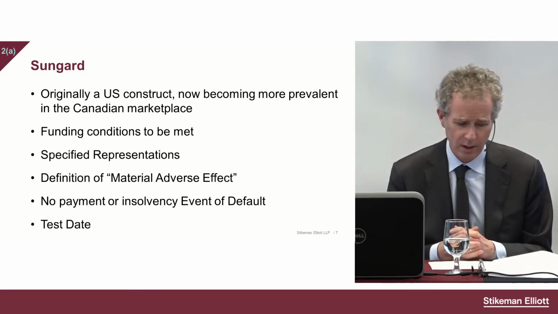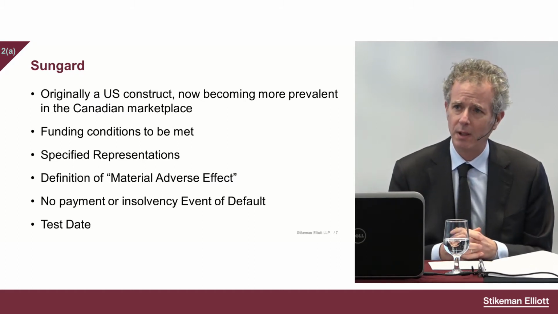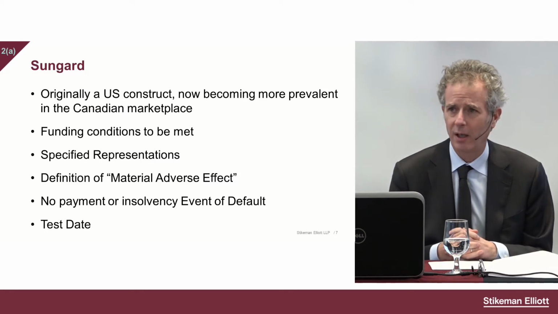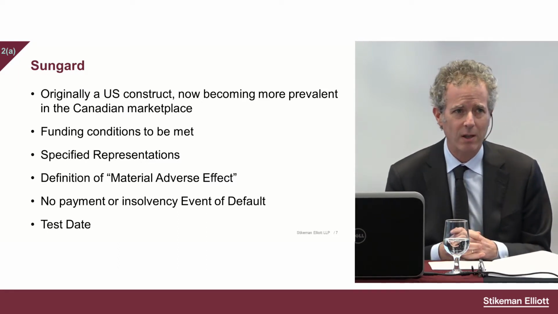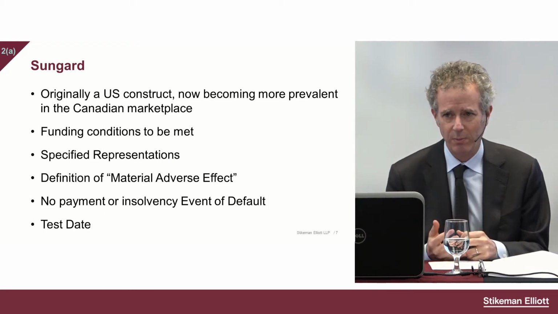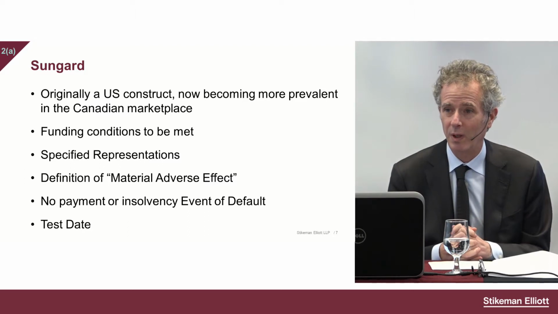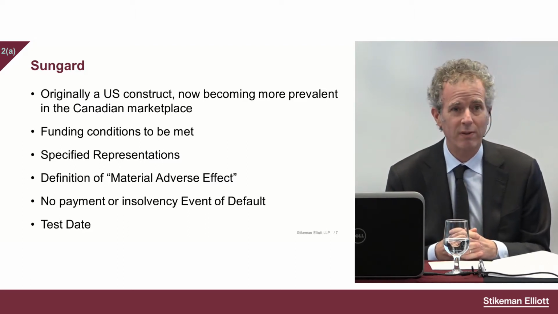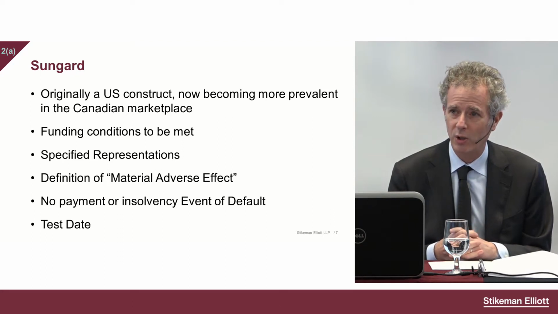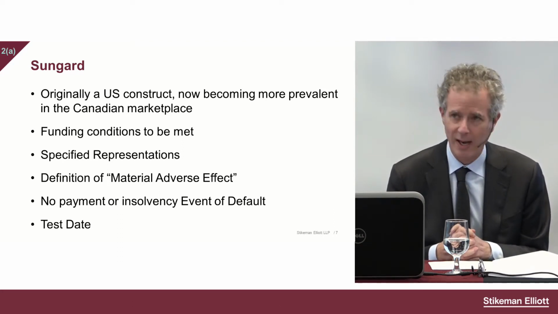Sometimes, and not in all SunGard transactions, there can be some limited representations that are tied to the target. But a little bit like the MAC clause that I referred to before, these have to be, in addition to the types of representations which, if they're not correct, the purchaser would not be obligated to consummate the transaction, but also have to be material to the interests of the lenders.